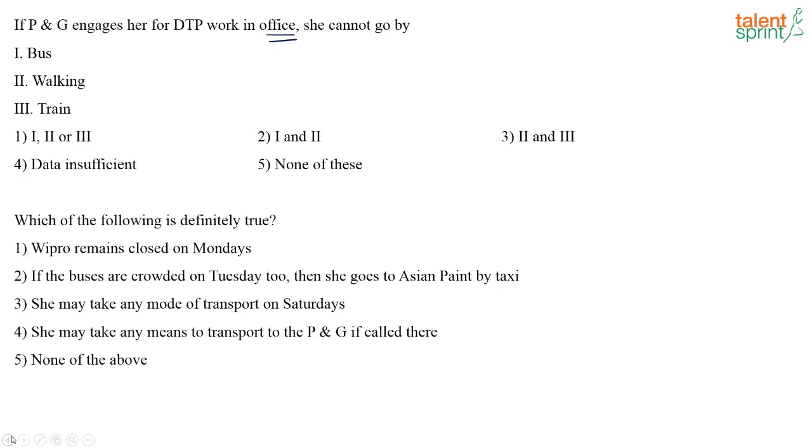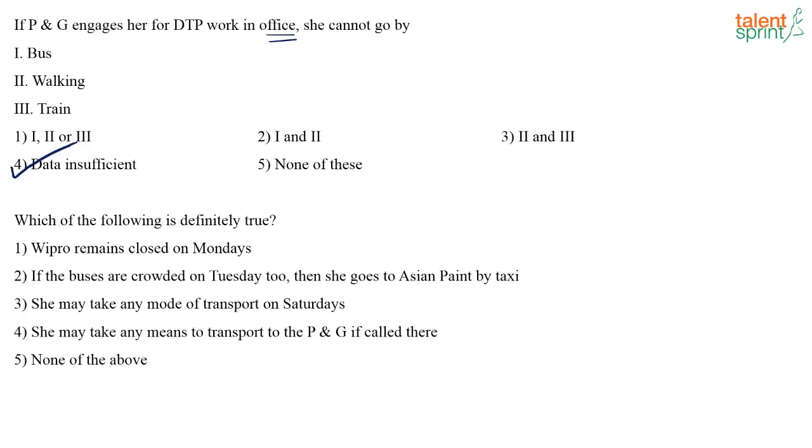Now I cannot say which mode of transport she cannot use. She can either go by taxi, she can go walking, she can go by bus. Yes, you can definitely get confused, might be train, but we don't know. Might be train is also an option, but it is not given in the question. So we cannot say which mode of transport she cannot use. There is no information given to us to specifically say that. So you can go with the answer as data is insufficient.